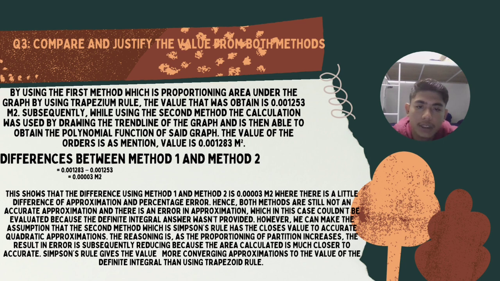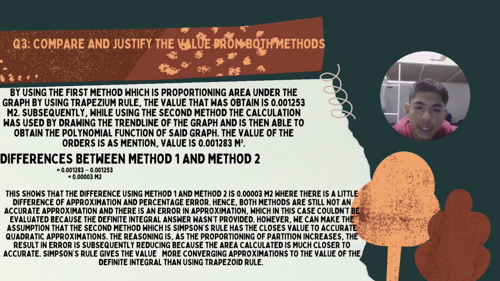Hence, both methods are still not an accurate approximation, and there is an error in approximation, which in this case could not be evaluated because the definite integral answer wasn't provided. However, we can assume that the second method, which is Simpson's rule, has the closest value to the accurate approximation.